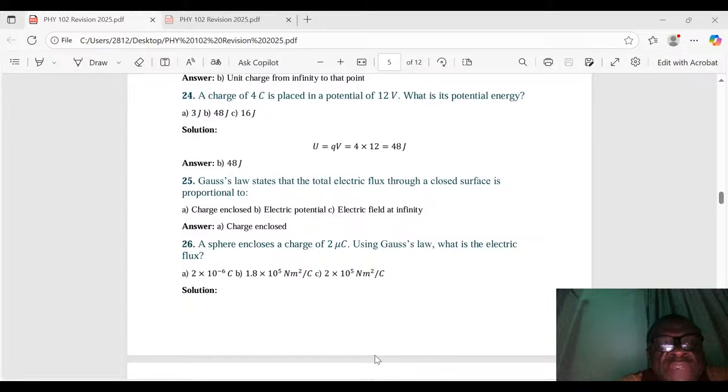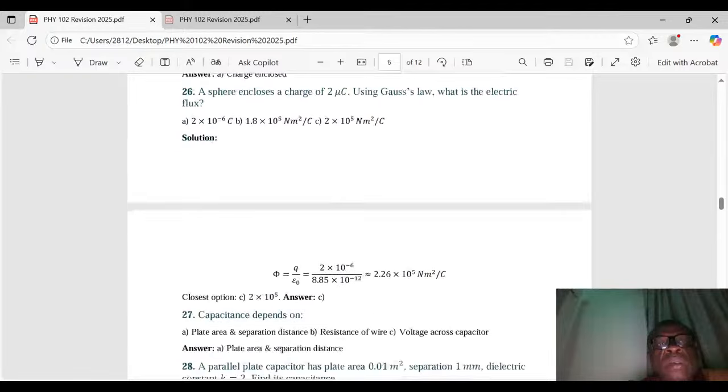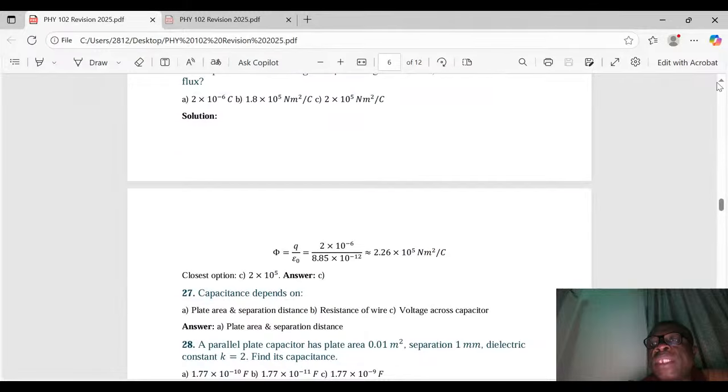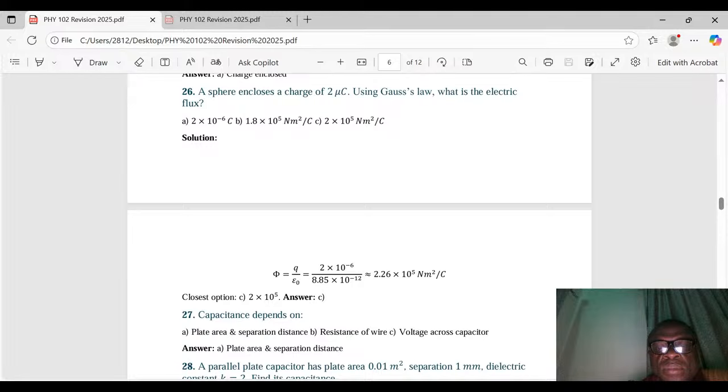26. A sphere encloses a charge of 2 microcoulomb.